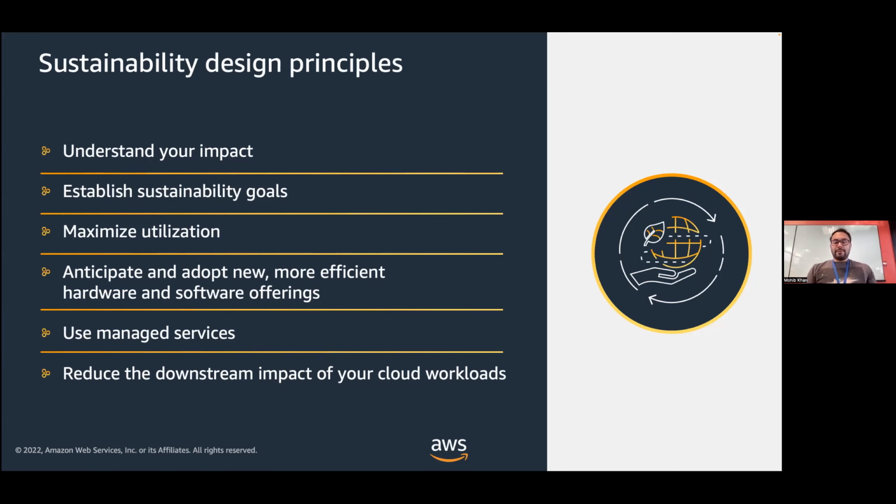Talking about the downstream impact, it's more about reducing the amount of energy or resources required to use your services. When we say that, it means how we are going to reduce or eliminate the need for customers, the end users, to upgrade their end devices. Do they need high-end devices to actually use your services?